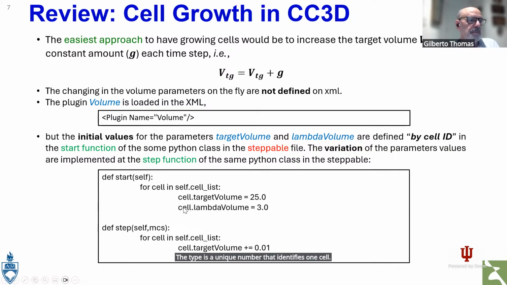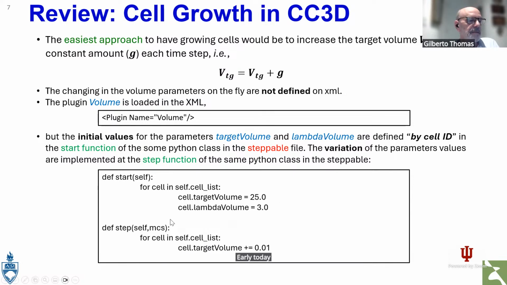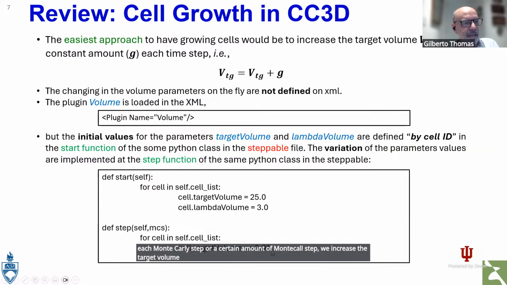So we attributed this in the steppable, as we saw early today. And in the step function, we implemented this kind of growth which we have here. We run over the cells, which were already created in the start function, and for each Monte Carlo step, or a certain number of Monte Carlo steps, we increase the target volume by a certain value.